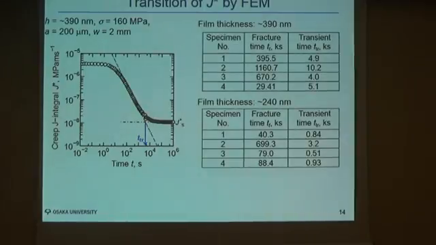From the analysis, we evaluated the transition time t_TR for all the specimens we conducted and summarized it in this table. Also in this table, we list the experimental fracture time, t_F. So you can see clearly the transition time t_TR is much shorter than the fracture time.